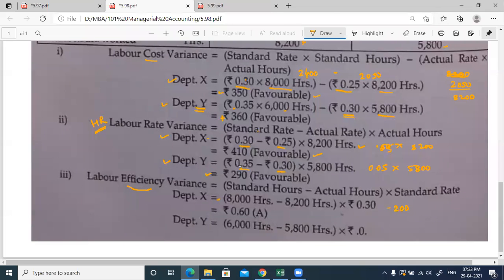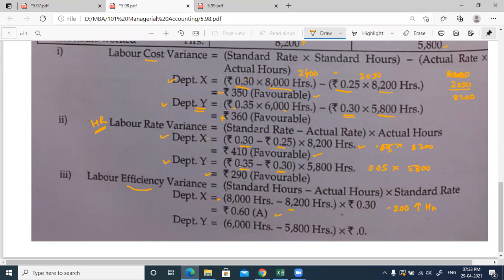Into standard rate of 30 paise, 200 into 0.30 is 60, which is adverse. This is not favorable, my dear students, because the number of hours worked is a little more. This is not favorable if you talk about efficiency.